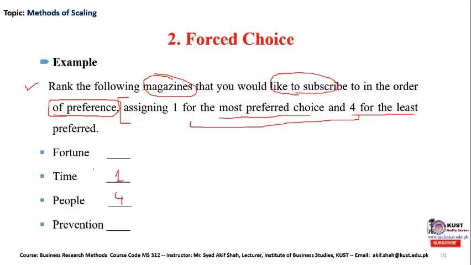So we have our second choice for Fortune magazine, and the third choice of preference may be given to Prevention magazine. This is how you can force the respondent to rank their preferences, and this will help to elicit the desired attitudinal response, and the researcher will be enabled to find the answer to the problem under study.